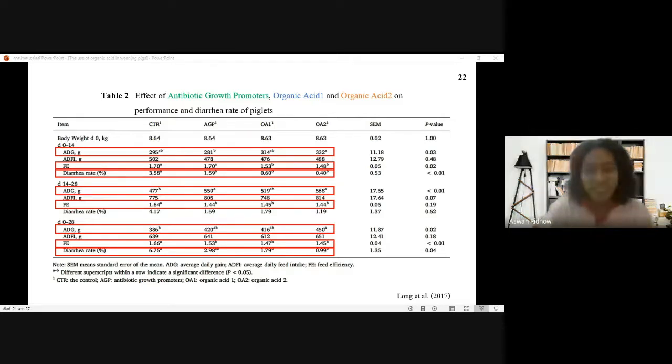I can accept your explanation, but I'm thinking maybe there is another reason why it can increase the feed intake, even in healthy pigs. One of the reasons is its relation with the digestive tract, but yeah, I'm still thinking.